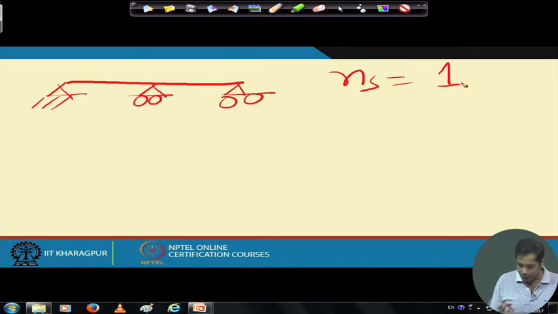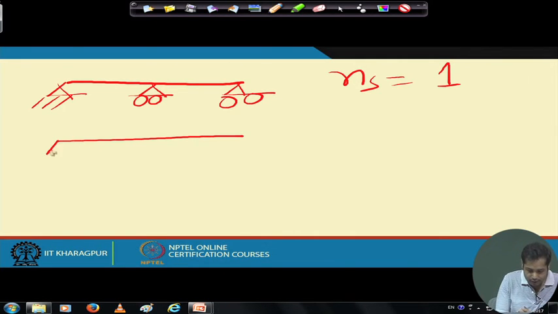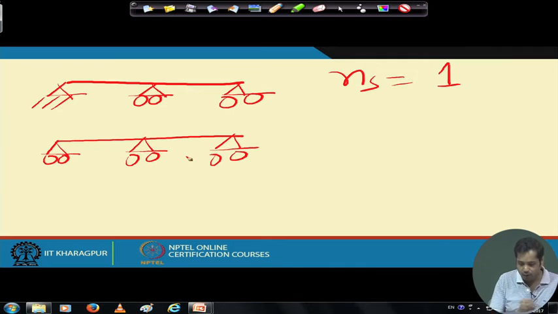Now, one thing you can do is, suppose we identify the redundant force as this. This is roller, this is roller, and this is roller, right? And we have taken the redundant force as Fx.